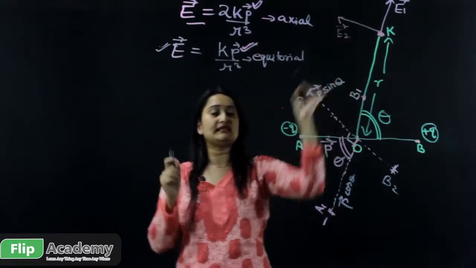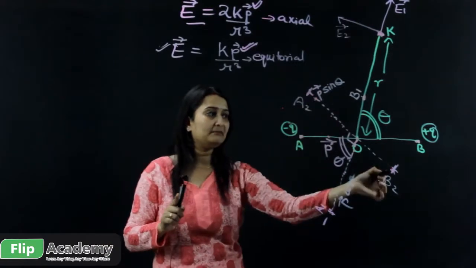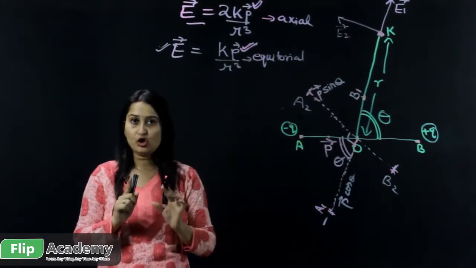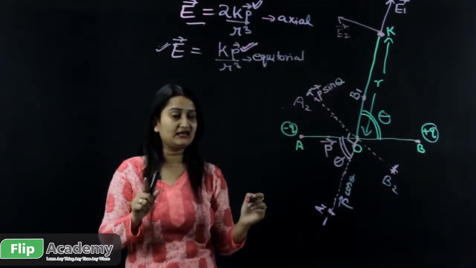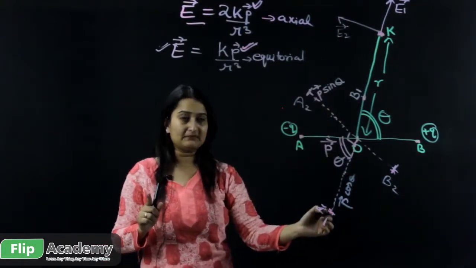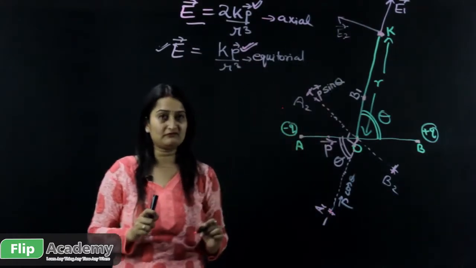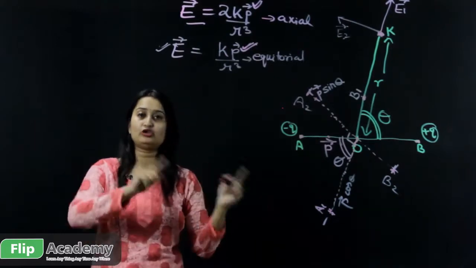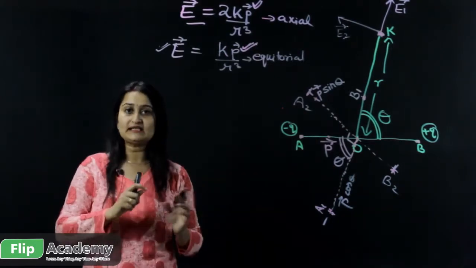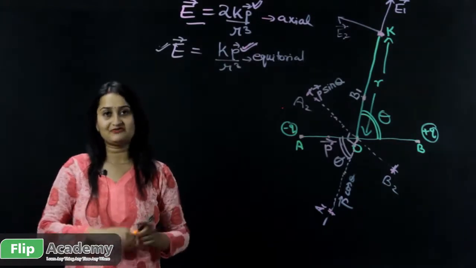So E2 is the vector quantity which is provided by A2 and B2. Now, we got the two electric fields. E1 is the electric field provided by A1 and B1, which is the axial line. Similarly, E2 is the electric field provided by A2, B2, which is the equatorial line. Now, using the same concept, you have to find E1 and E2. Now, let's work upon it.